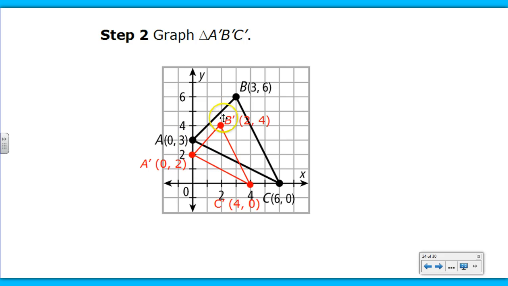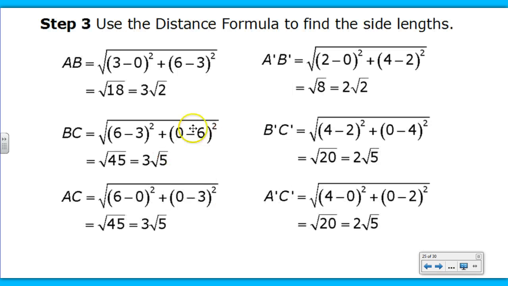We'll compare AB to A'B', and BC to B'C', and CA to C'A'. So we'll compare all three sides. We do that again with our distance formula. Here we have the length of AB, BC, and AC, and there we have A'B', B'C', and A'C'.